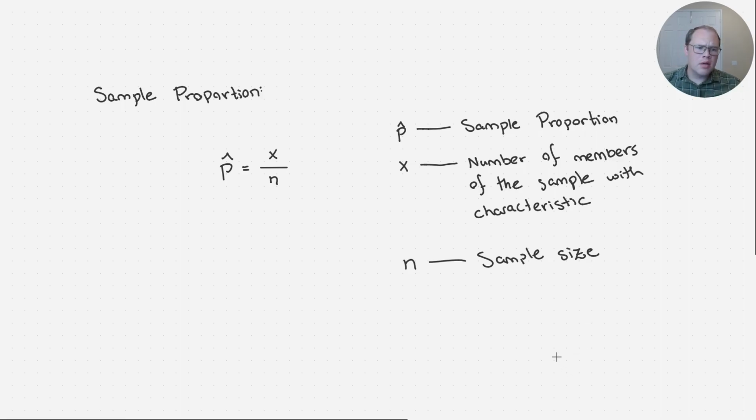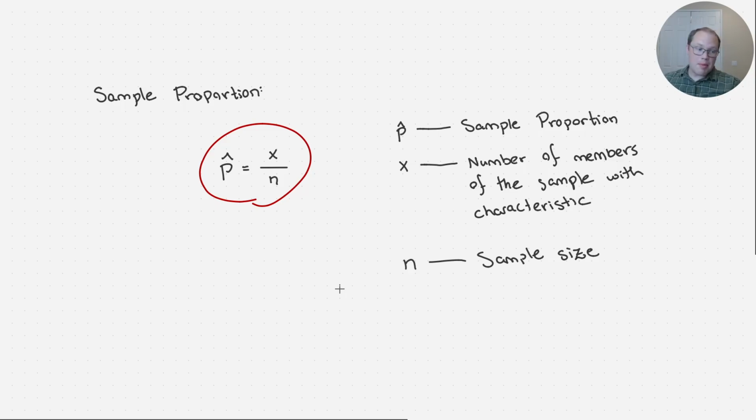Okay? Now, if we have different samples, we would expect different sample proportions, right? In one sample, just by chance, we might get a lot of members that have the characteristic we're looking for.